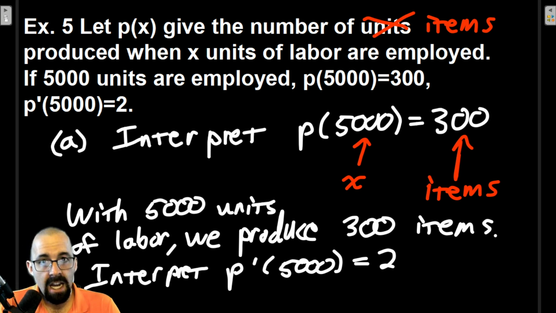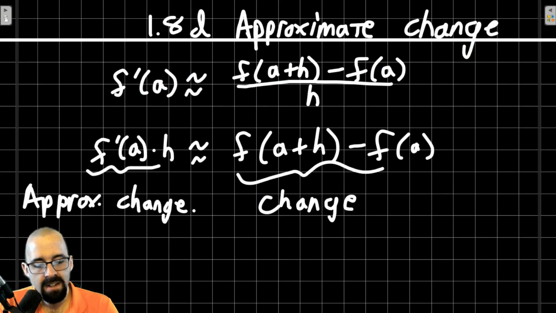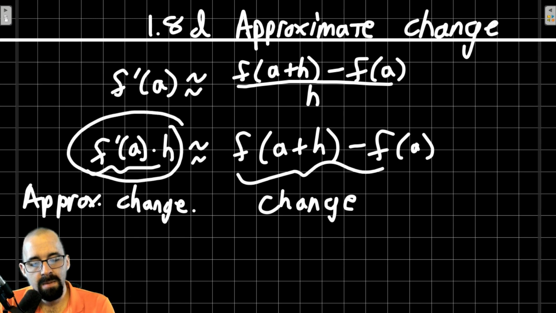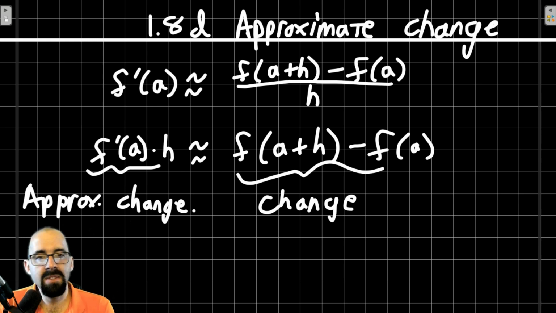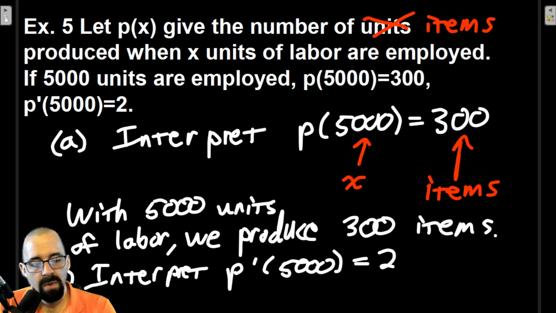So this is the approximate rate of change. Look at the previous definition: the derivative times the step size, the increase, is the approximate change. So one way of thinking about this is the slope. This is the rate of change of how many items we're creating with an increase in our input. So this is kind of like the slope. We will go up 2 and over 1.